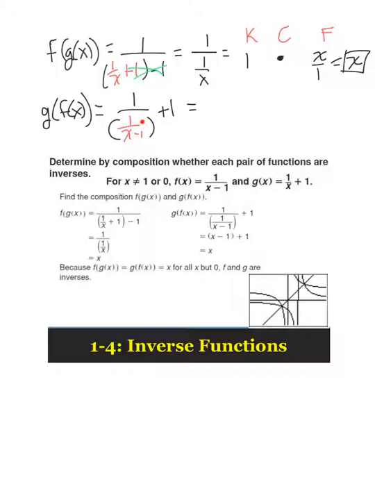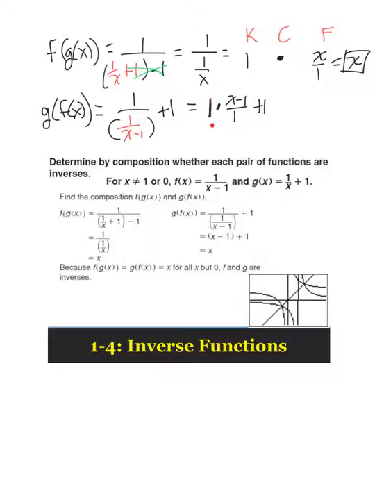So I'm going to do keep, change, flip. So I've got 1 for my keep, that's my numerator here, change that to multiplication, and flip this to its reciprocal. So x minus 1 over 1, and then plus 1.